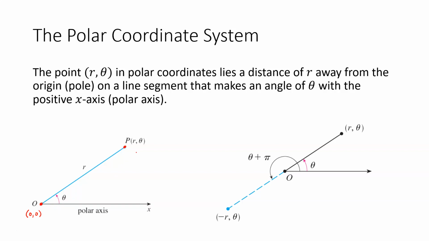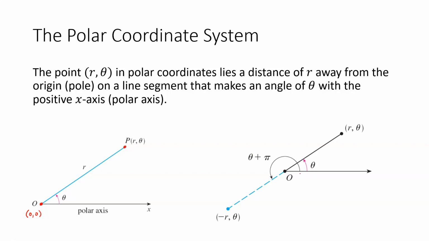And then the other coordinate in polar coordinates is the angle theta that it makes with the polar axis. What's the polar axis? Well, the polar axis is just the positive x-axis. So by identifying our point P with these two coordinates r and theta, we're creating our polar coordinate system.